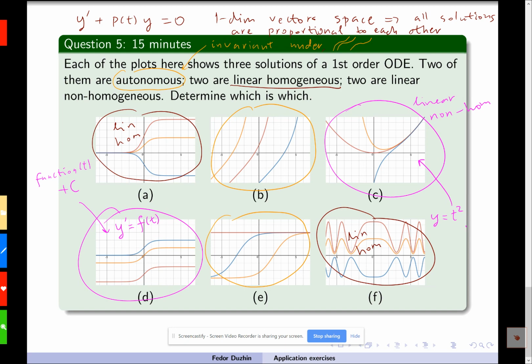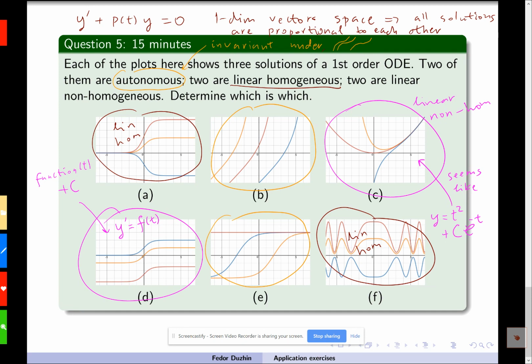Now, there could be many ways to get this pattern, but I guess it is a safe bet that this is t square plus some constant times something that approaches 0 if t goes to infinity, and something that approaches infinity when t goes to negative infinity. Usually it is e to the negative t.